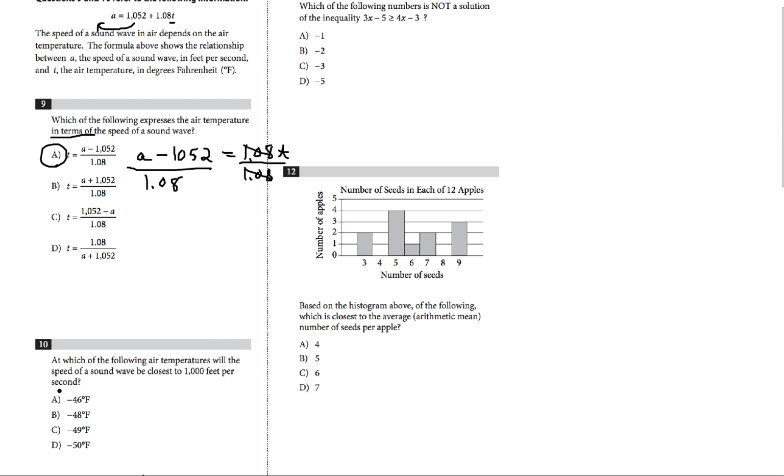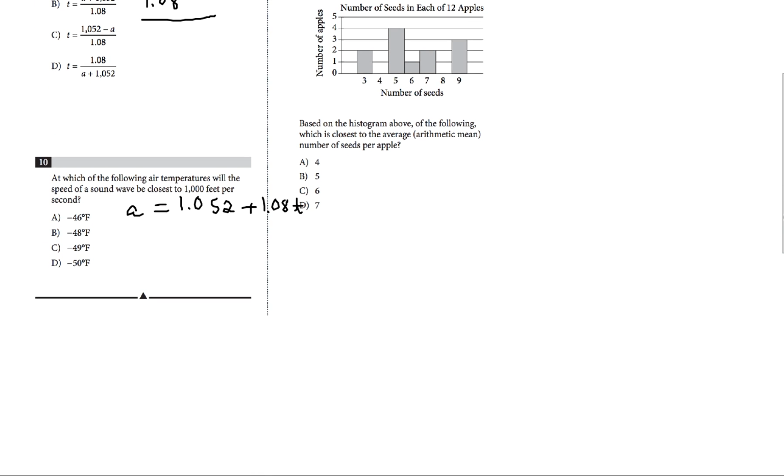I used the original equation, A equals 1,052 plus 1.08T. The advantage of using the equation we solved above is that you could have just put 1,000 in for that. It would have been a lot easier, but if you made a mistake on that, then you would have gotten it wrong.